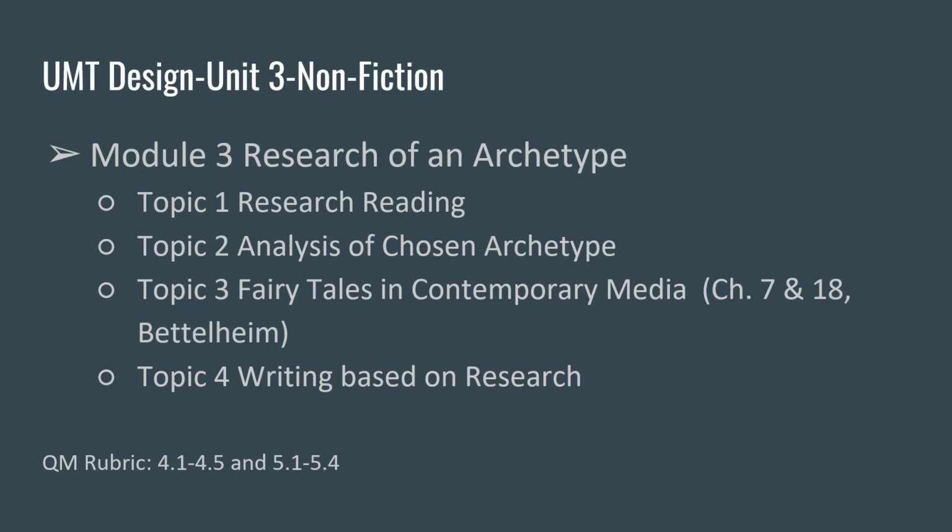Topic 2, analysis of their chosen archetype once they've locked in their choice. Topic 3 is looking at fairy tales in contemporary media, supported by chapters 7 and 18 by Bettelheim. This helps them to better do searches for additional articles and evidence to support their analysis of the chosen archetype. And then topic 4, writing based on research. So they pull all of that together to write the research paper.